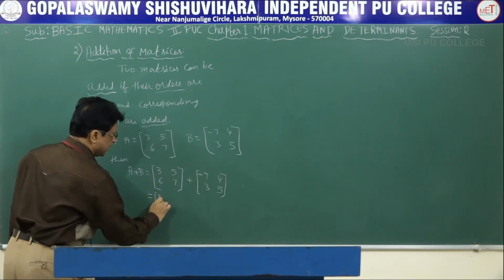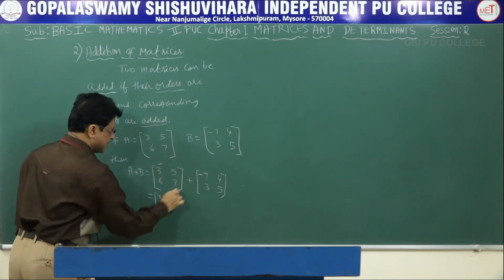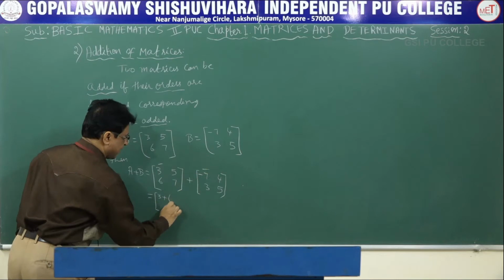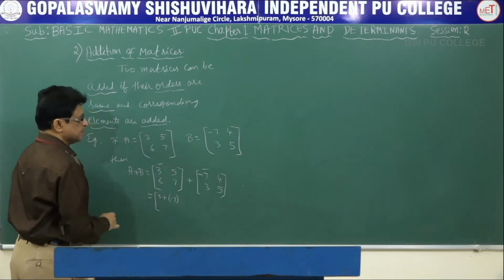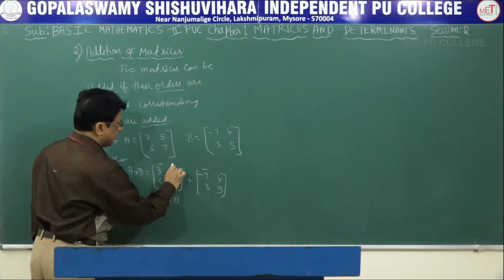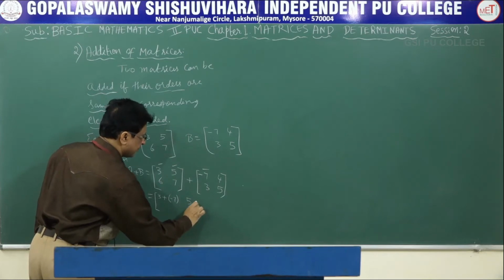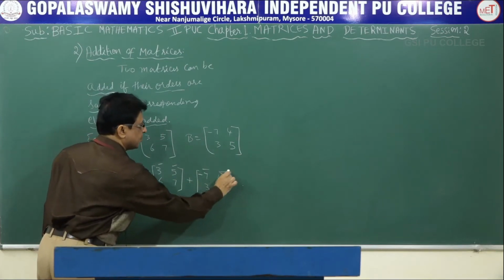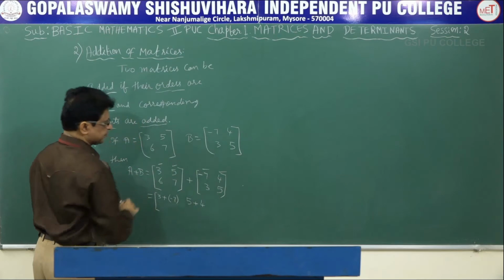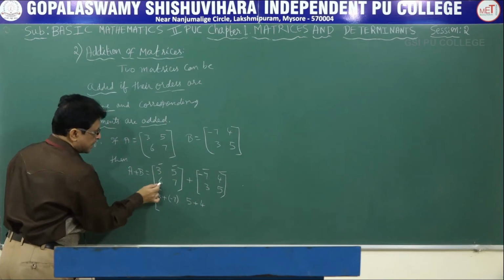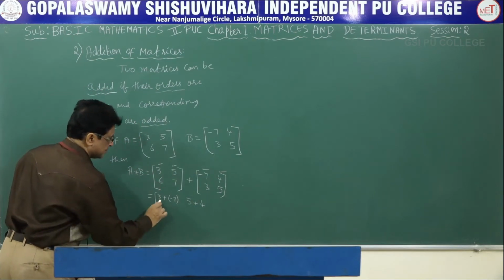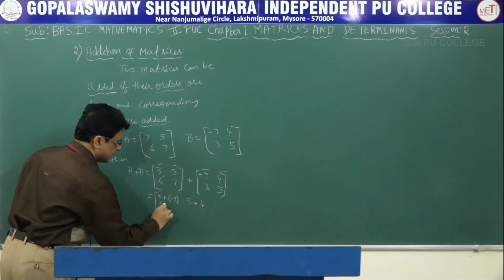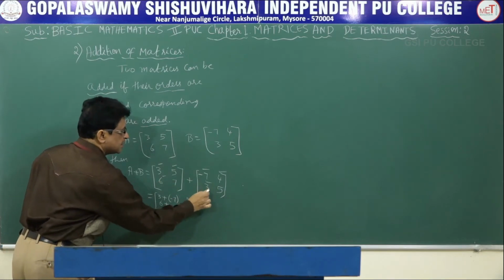So 3 plus -7. Next element is 5, 5 plus 4. Next element is 6, so 6 plus 3.